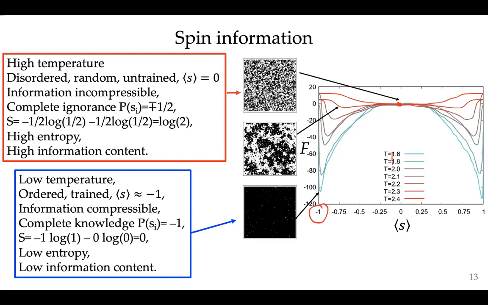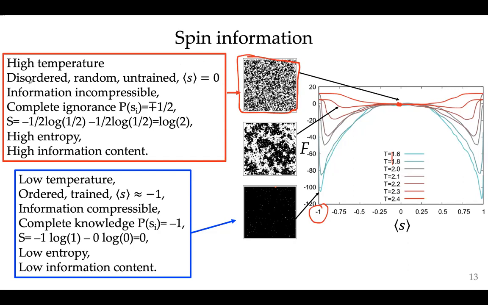So let's try to interpret what's happening here. This one, the top one, is high temperature, and you can see that it's pretty randomized. At high temperature, if you remember, the ambient heat is trying to randomize the spin direction, so the spins cannot really be aligned in the same direction, even if they want to because of the energy term, because the heat breaks that alignment.